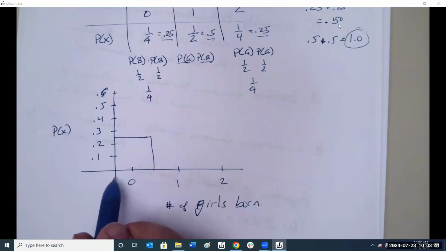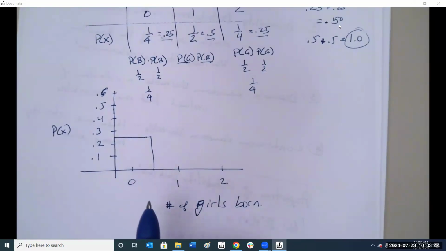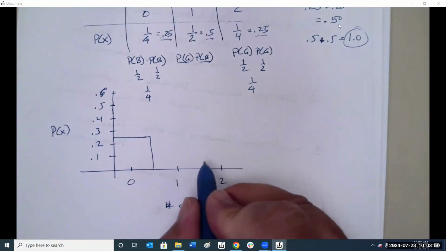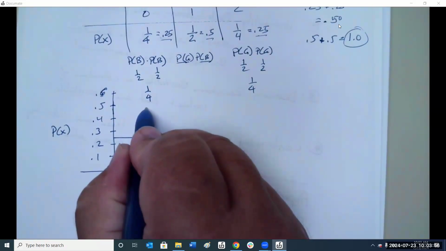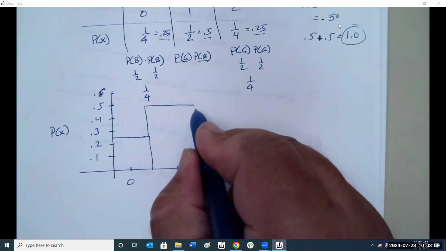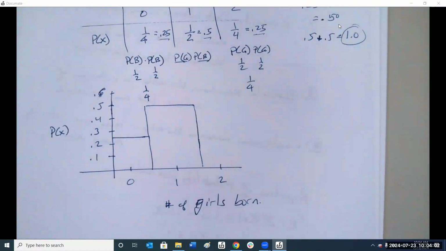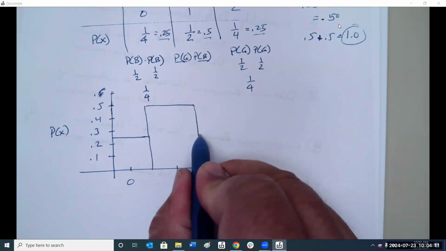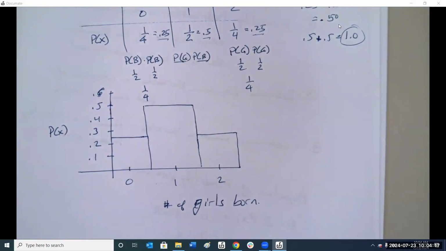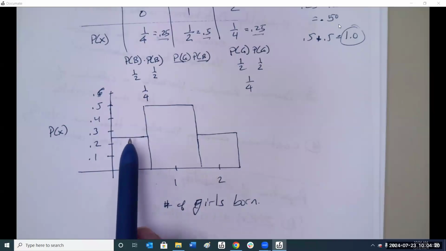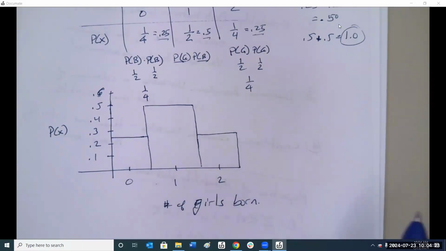So we put a box that has 0 in the middle of the box on the bottom, and it goes up to 0.25. The 1 goes up to 0.5. Remember, it connects to the box on the left, and the x-axis is located in the middle of the box. And the last one is also 0.25. So there's our histogram. We have 2 boxes that go up to 0.25 on both ends, and the middle goes up to 0.5.